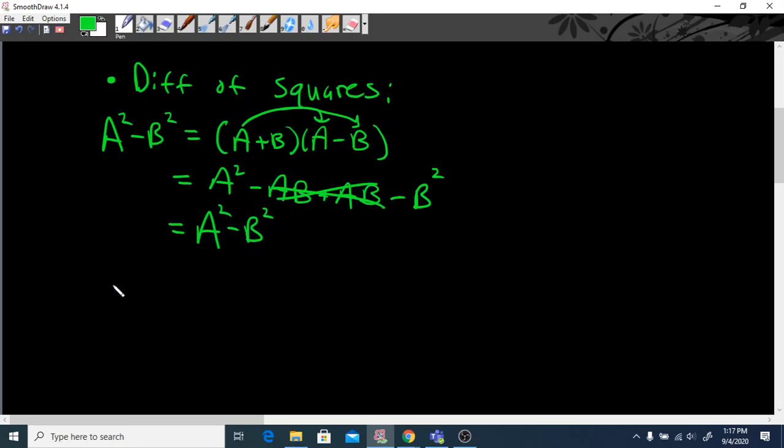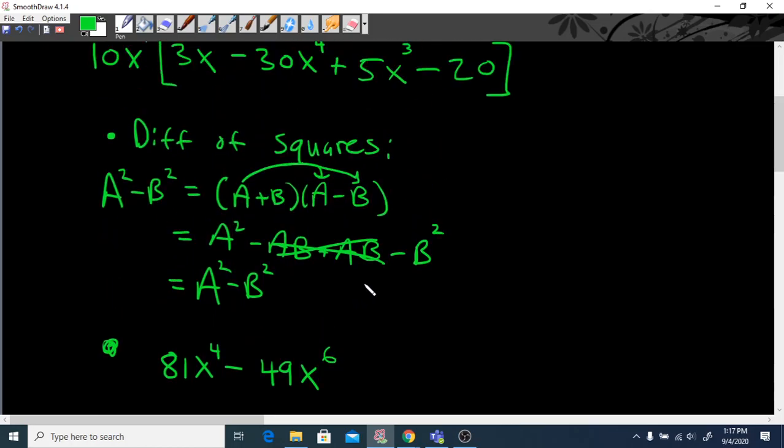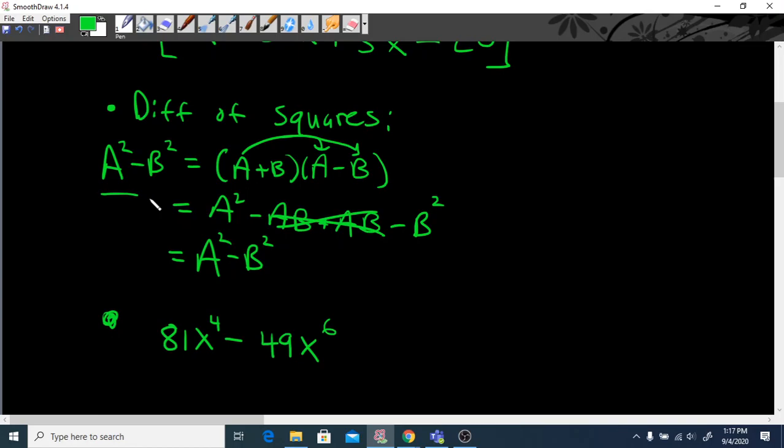And so now, a quick example. Let's say we have 81x^4 minus 49x^6, okay? So the first thing to realize is we have 2 terms, so difference in squares is a candidate.